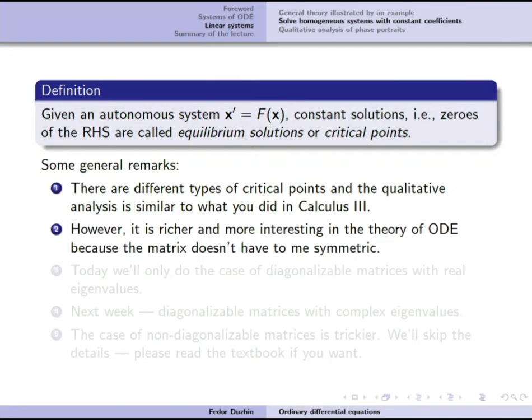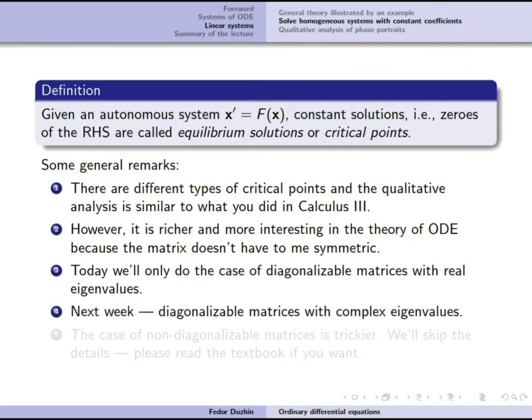But here we're going to have more types, and the reason is because the matrix does not have to be symmetric. Remember that in Calculus 3, we did it based on the Hessian matrix, and the Hessian matrix, the matrix of second partial derivatives, is always symmetric. So here, the matrix of the system of differential equations does not have to be symmetric.